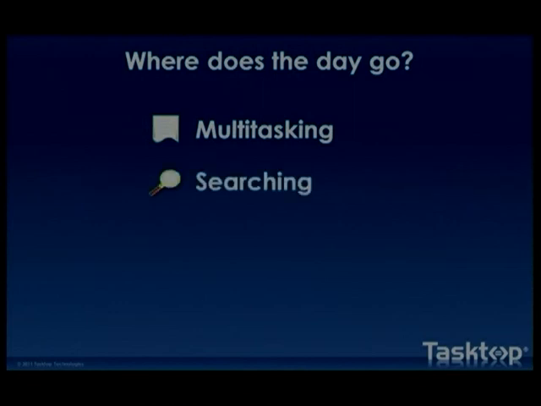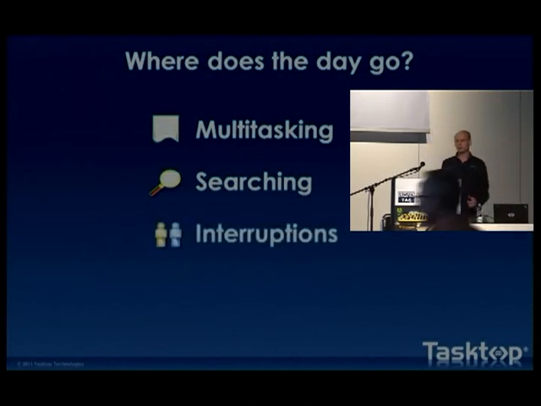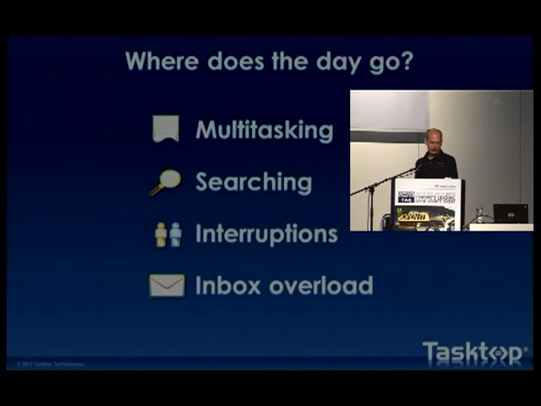We spend a lot of time searching, browsing for those different things that we need to do whatever we're trying to achieve. And we spend a lot of time handling interruptions. And all the different communication around our project ends up in our email inbox. All the Bugzilla notifications about some change that somebody made to a bug end up in our email inbox. And we spend a lot of time processing that.